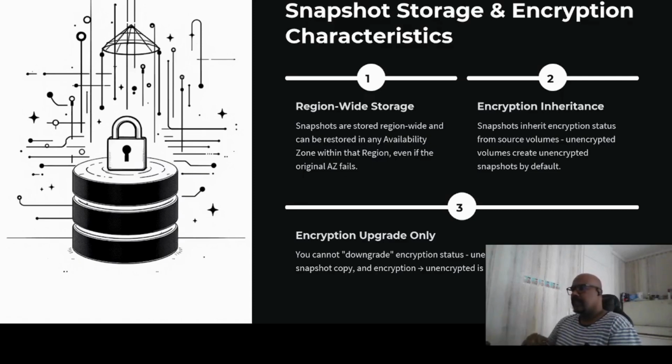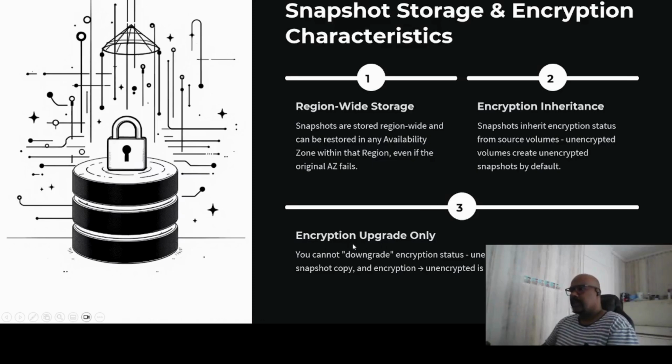It means that within the region, the snapshot data will be stored across different availability zones. In the same way, if you take a snapshot of a particular encrypted volume, the snapshot will also be in encrypted format.